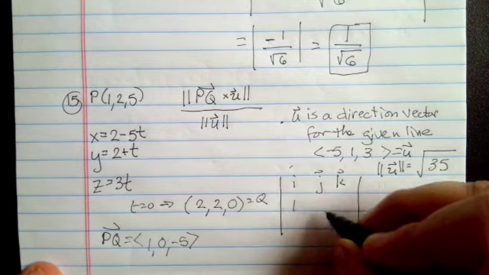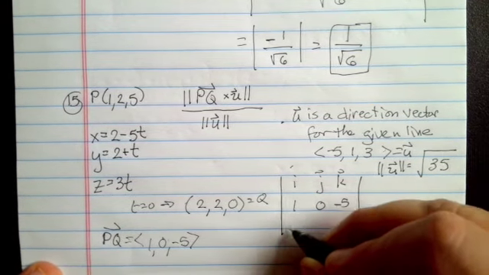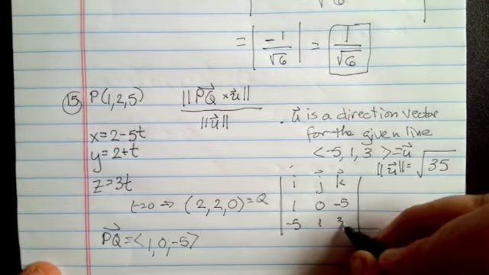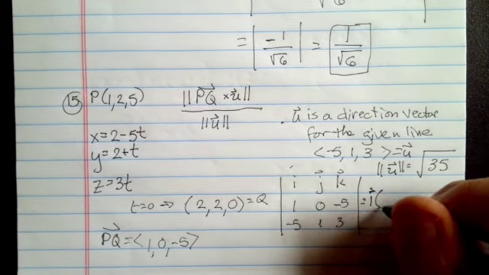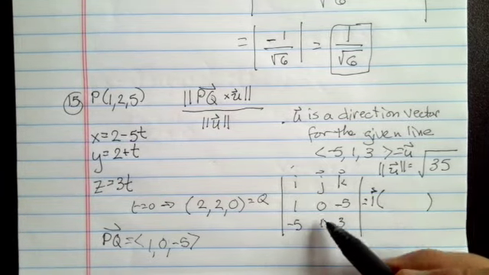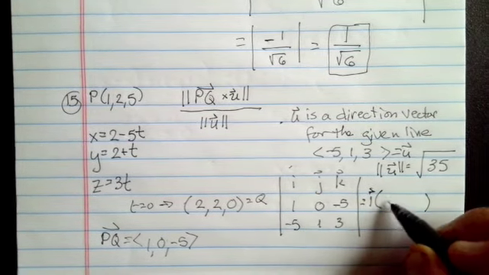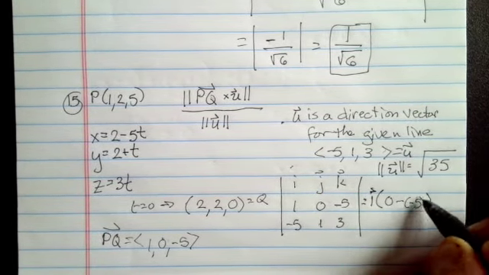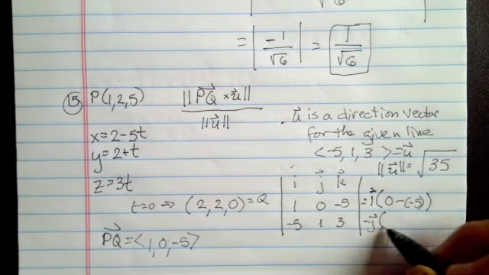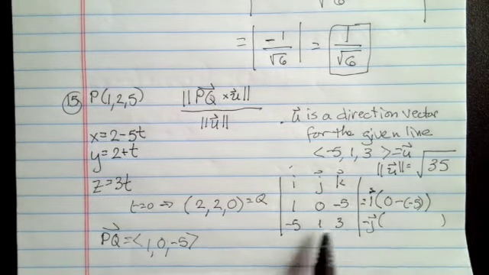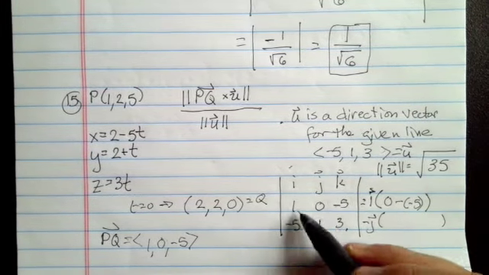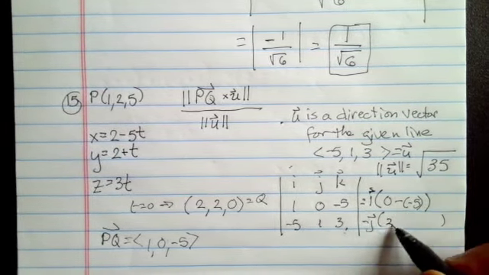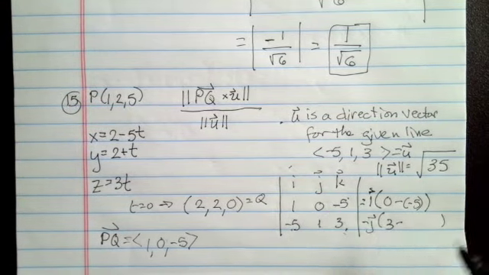Alright, so we'll have 1, 0, minus 5, and -5, 1, 3. So we're going to have i times 0 minus a -5. And then minus j times 1 times 3, which is 3, minus 5 times 5, which is 25.